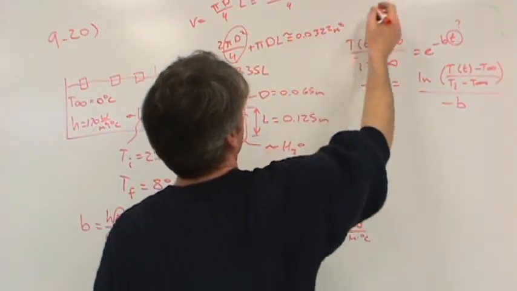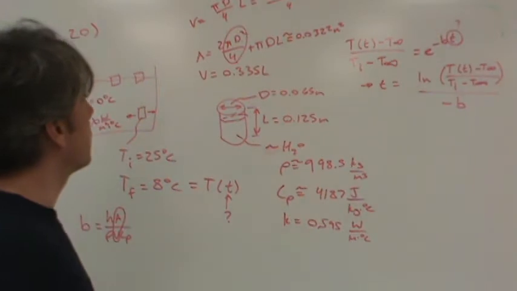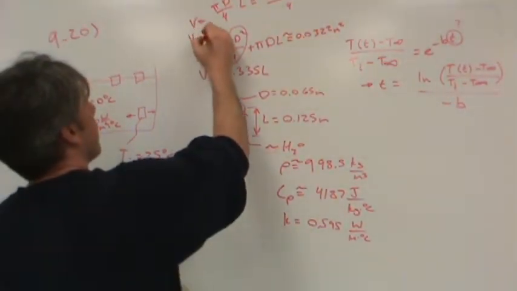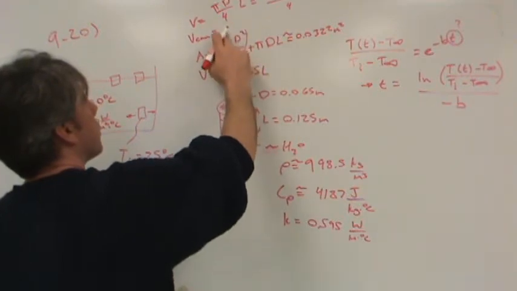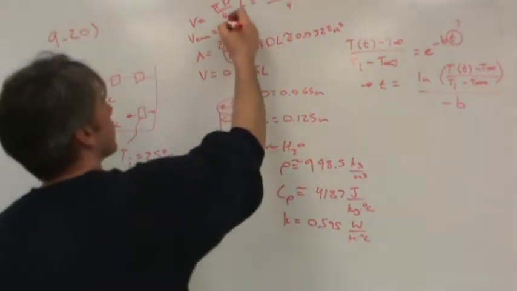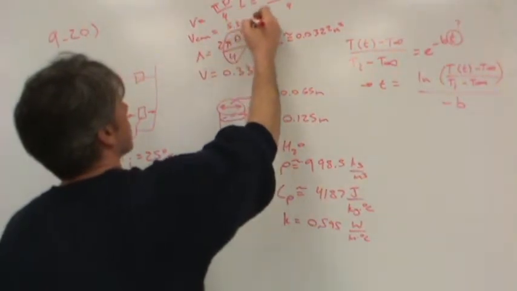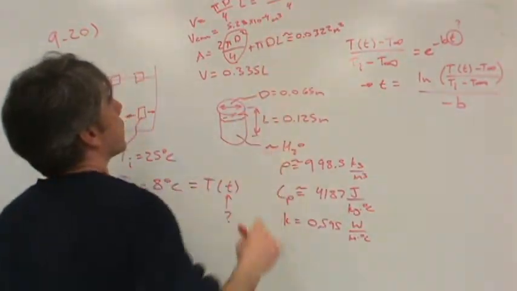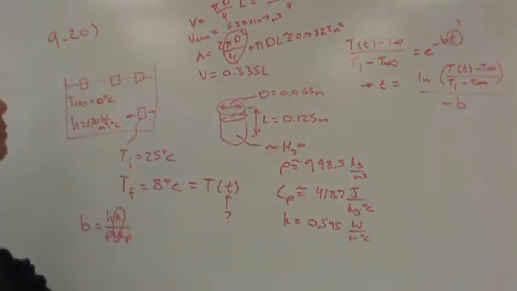And what do you get for the volume then? I'm off the video, I apologize to those of you watching the video. So the volume of the can is how much? This is 5.28 to the negative 4th power. Cubic meters? Okay, so 5.28 times 10 to the negative 4th cubic meters.